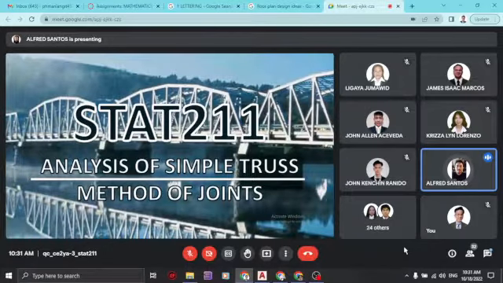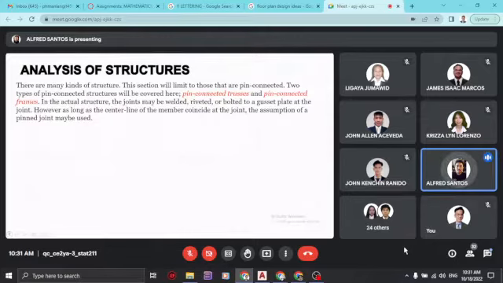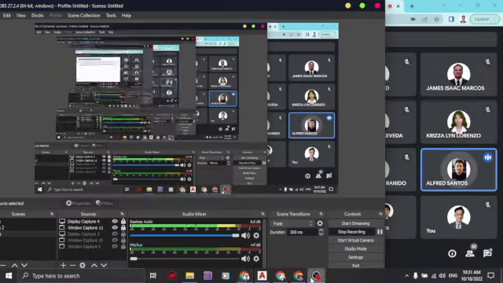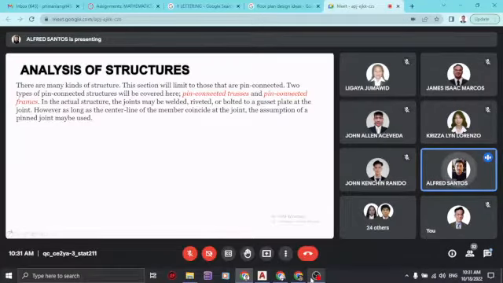So anyway, let's start with the concept of analysis of structures. There are many types of structures, depending on the orientation: you may have a vertical structure or a horizontal structure. It will also depend on the supports or the connections. This section will be limited to those that are pin connected. When you say pin connected, the support is probably a hinge and a roller, and the connections of the members of our structure are pin or hinge.